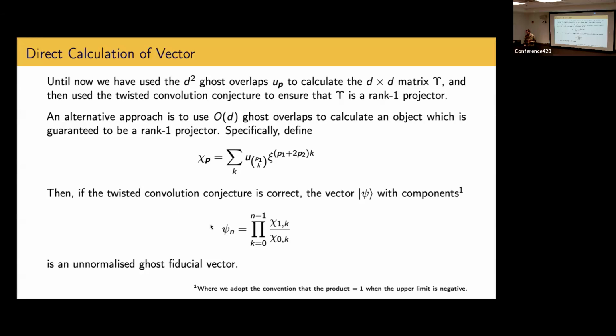So you might think that this settles it, because twisted convolution is there to try to prove that this thing is rank 1. But in terms of these Fourier transformed units and ratios of them, I can exactly construct a rank 1 object. But if I do that, I can't then prove that it's equiangular anymore.